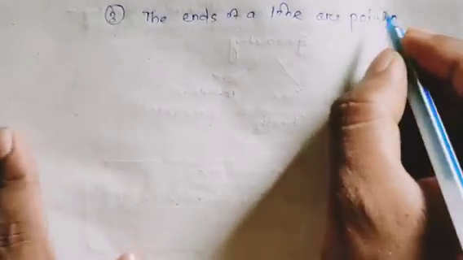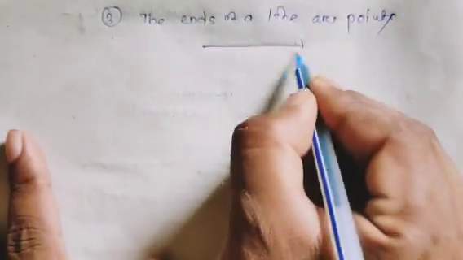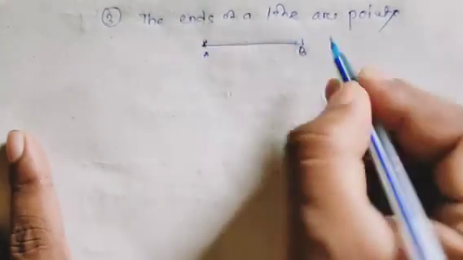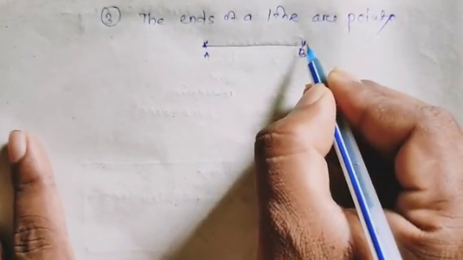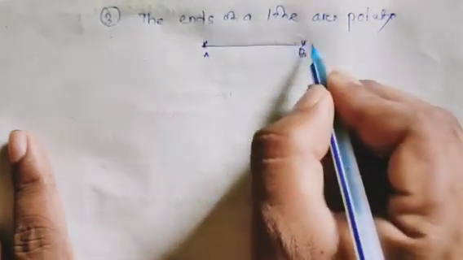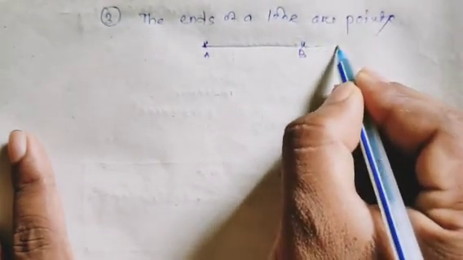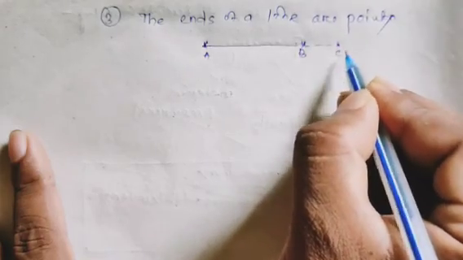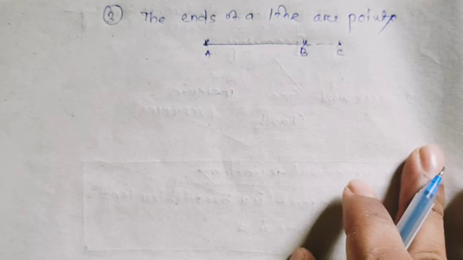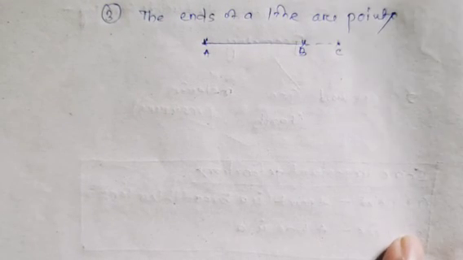That means if I draw a line, let this be AB, the ends of this line are always points. Here A is a point and B is a point. If I extend this, and let the ending part be C, C is also a point. So according to Euclid, the ends of a line are points.